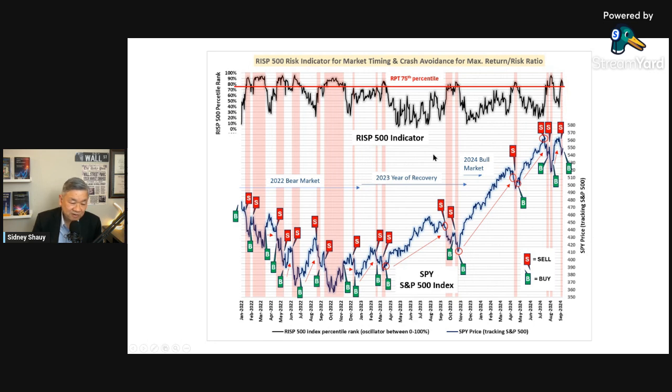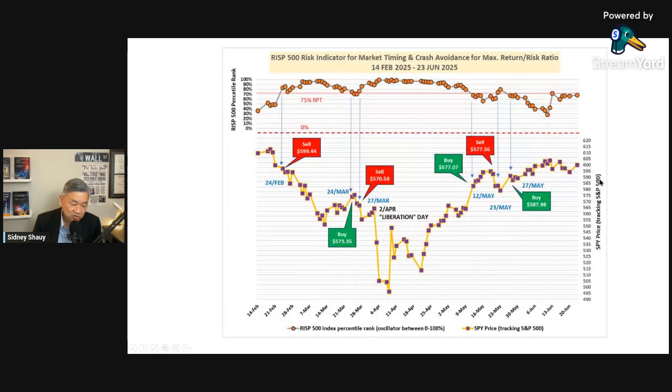The entire RISP 500 project was made to avoid crashes. That's the primary objective. But using it, we can see that it can be used as a market timing device. This is just to show real quick what happened in the Liberation Day. It was very, very recent. Few days before, we got a sell signal here, if you are at the 75 percentile, of course.